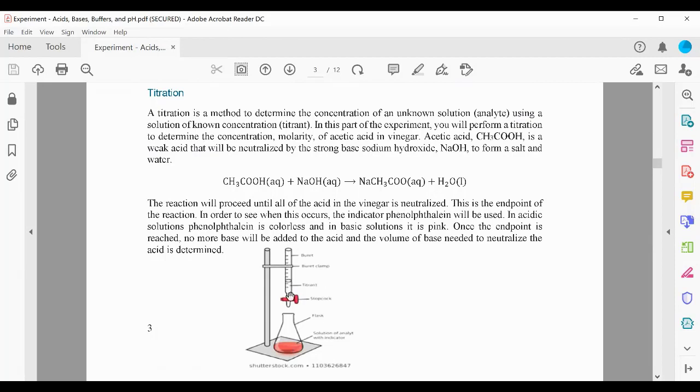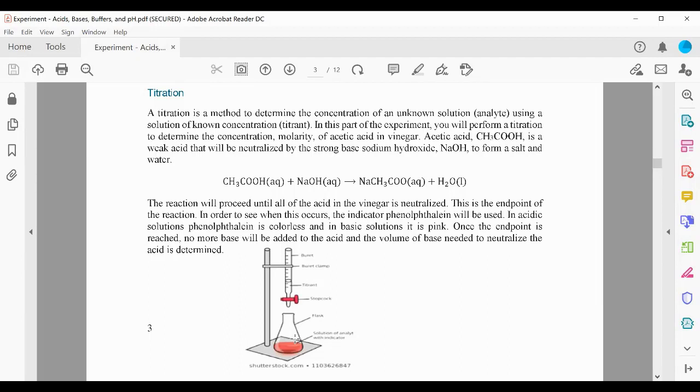And here in the burette, you will have your titrant. We slowly add our titrant, which is a solution. In our case, it is going to be sodium hydroxide, a base. We add it slowly to the analyte, and when we do that, we check the pH.